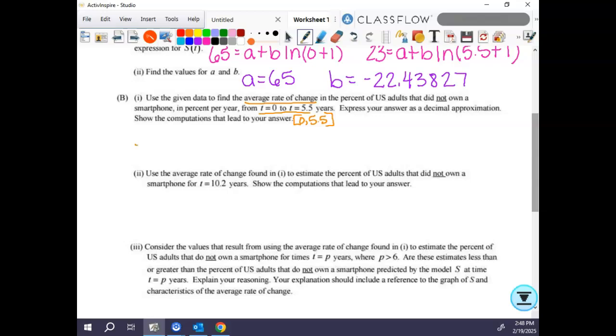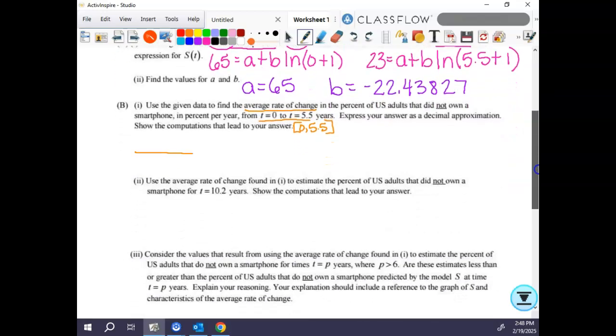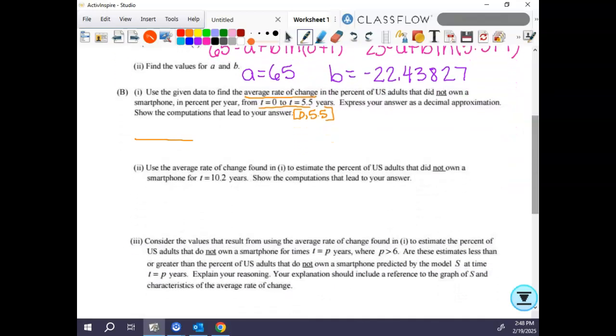And I'm going to do it first with the correct variables and whatnot in function notation. My function is s of t, right? Yes, s of t. So that means I want s of 5.5 minus s of 0 over 5.5 minus 0. You have to write that step. It's going to help you on the next part.